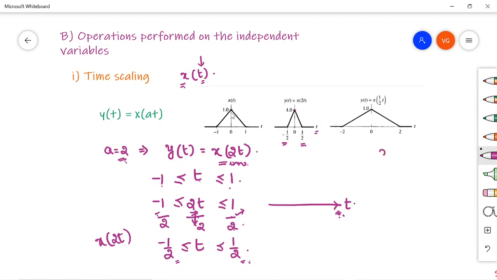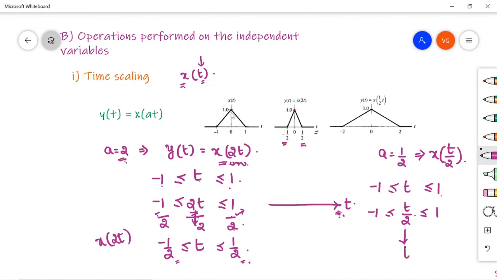Similarly, suppose you are taking a equal to 1/2, then what happens? The new signal will be x of t by 2. What are the limits of x of t? -1 to 1. But what is our new signal? t by 2. t by 2 should have the same signal limits -1 to 1. But I need it only for t. That is, you just multiply both sides of the inequality by 2.